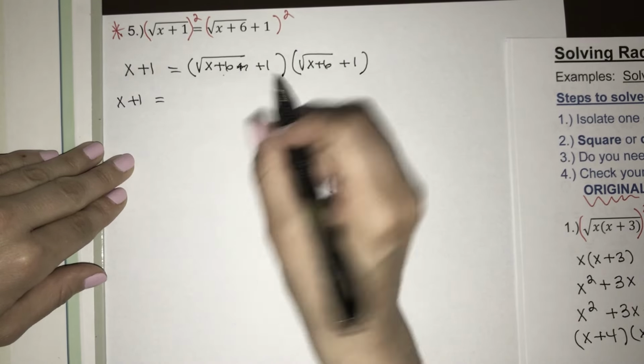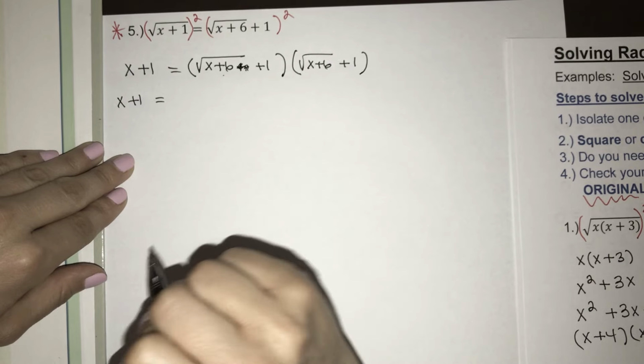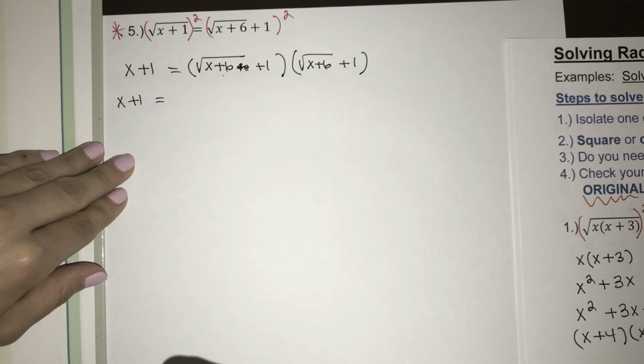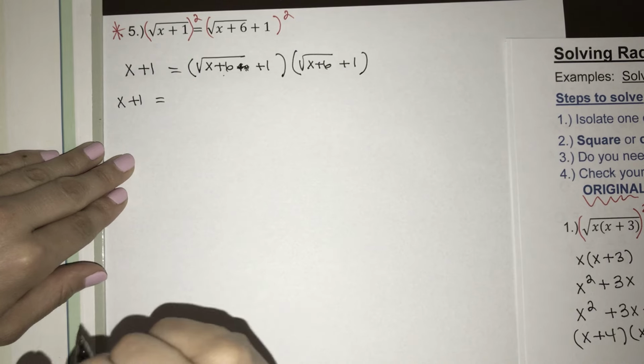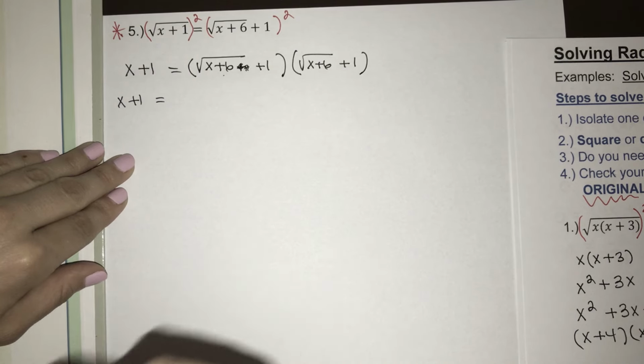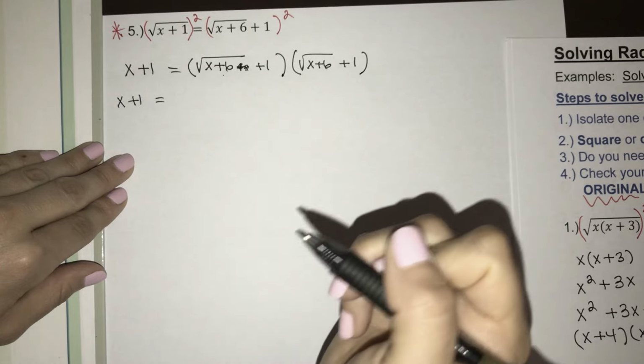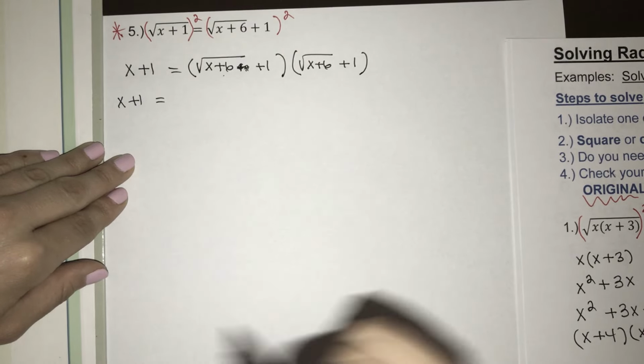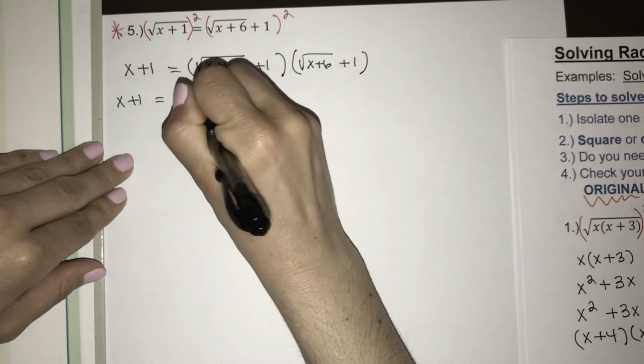Square root of x plus 6 times square root of x plus 6 is square root of x plus 6 squared. Anything that's squared inside of a square root makes the square root go away. So it's just x plus 6.